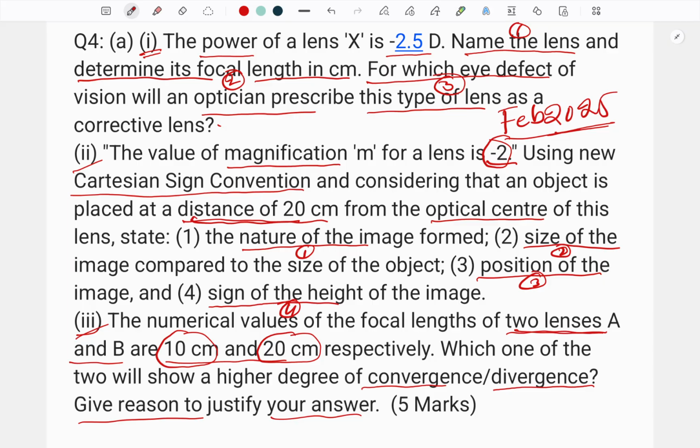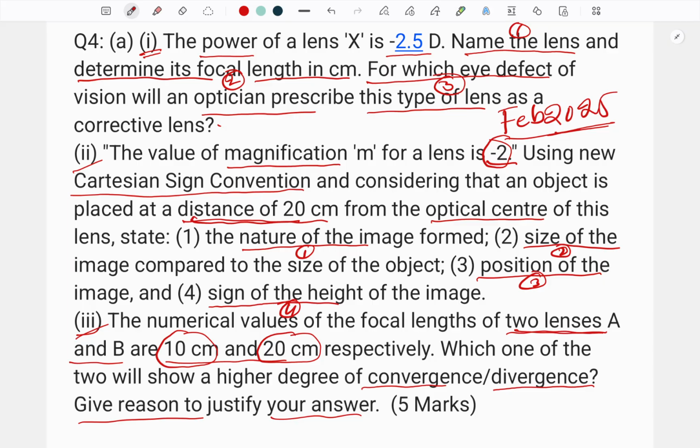So see friends, we have seen the full question now. It takes almost 2 minutes. This is how we have to segregate the question: understand it line by line, search for the key points mentioned in the question, and then find a suitable formula to solve it. So it's not a big issue.